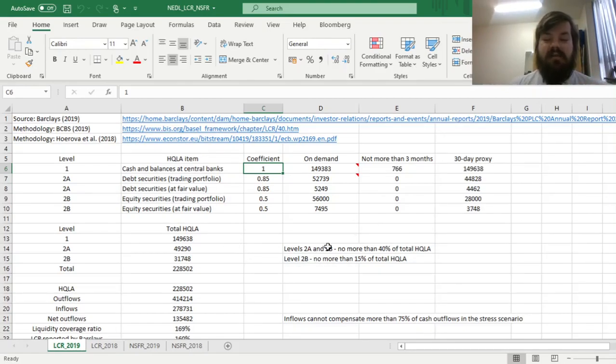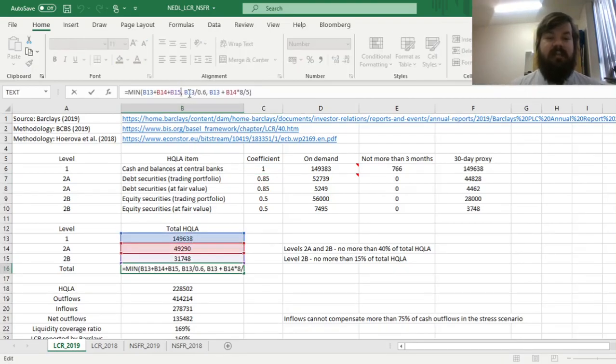So how to account for this logic in the calculation of the total HQLA stock? Well, we need to check what is the minimum of the three values. If all of these conditions are satisfied, then the total HQLA stock, the total liquidity pool, would be the sum of the three, the sum of level 1, level 2A, and level 2B. If it is the case that level 2A and level 2B correspond to more than 40% of total HQLA, then we would just need to divide our level 1 by 0.6.